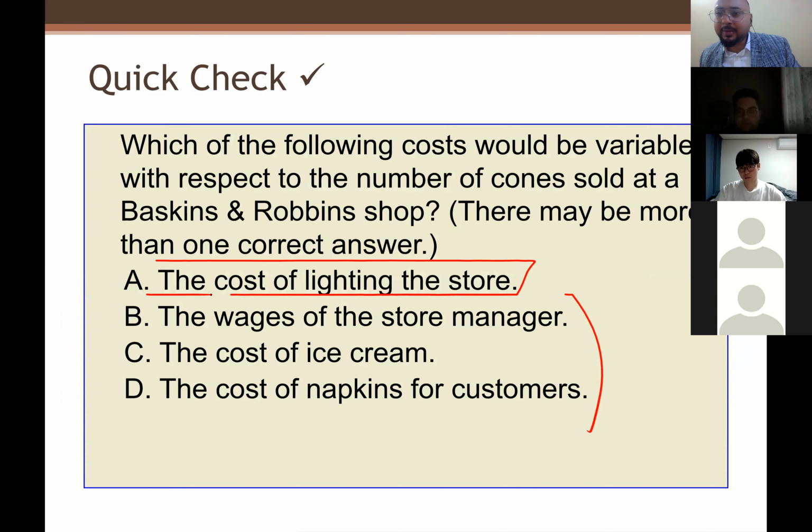So what is the cost driver here? Whether in 1 hour you sell 1 cone or whether in 1 hour you sell 20 cones. Does the cost of lighting the store for 1 hour increase or decrease depending on your number of cones sold?